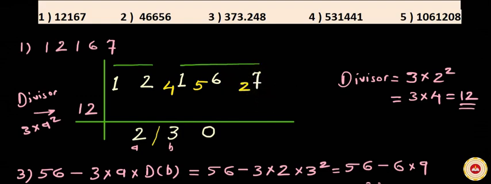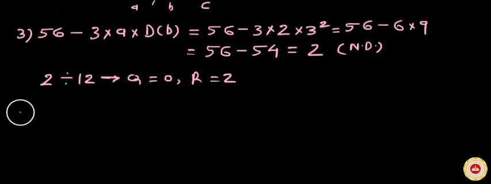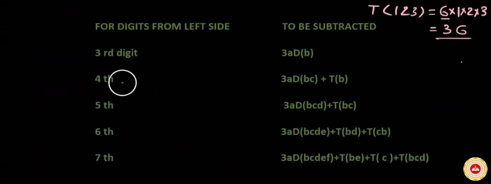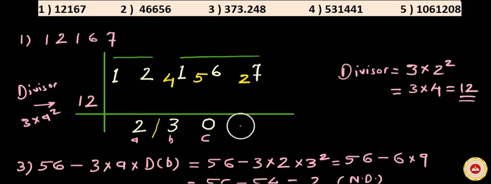Now how to calculate the net dividend? Step number 4. 27, which is our gross dividend, minus what to subtract? For the fourth digit, we are going to calculate the fourth digit from the left side of the cube root.